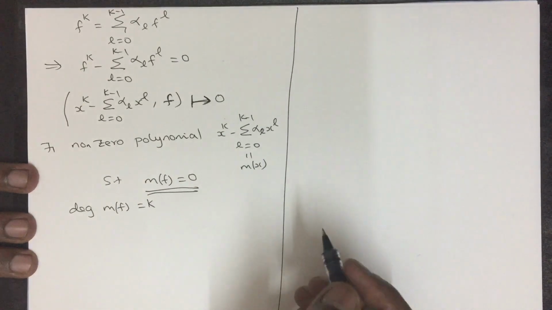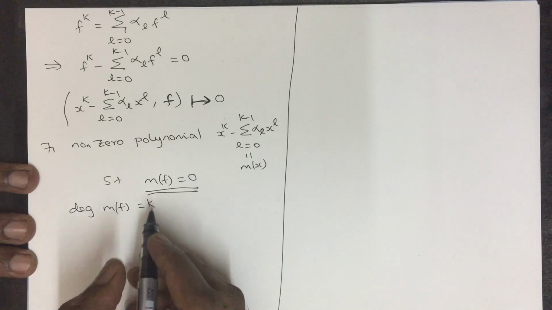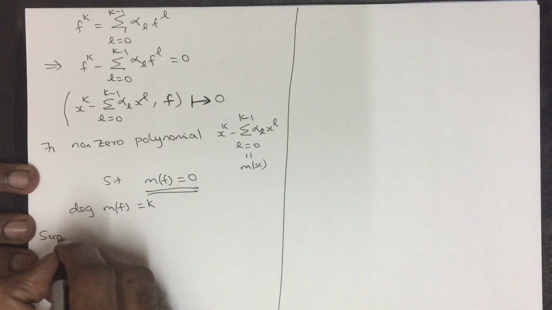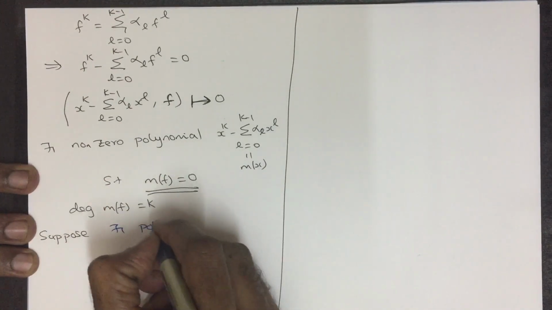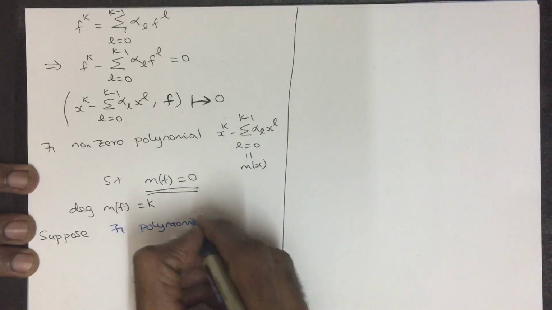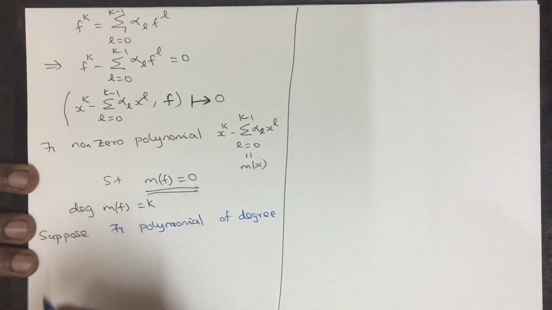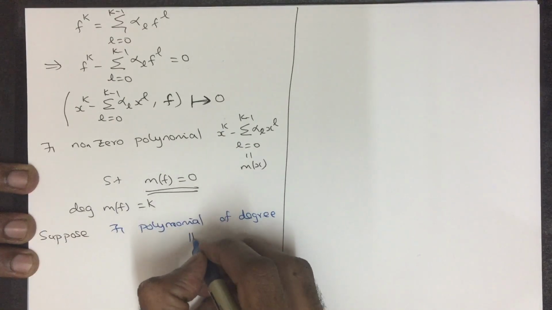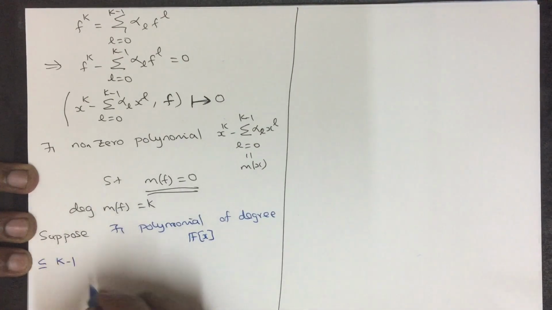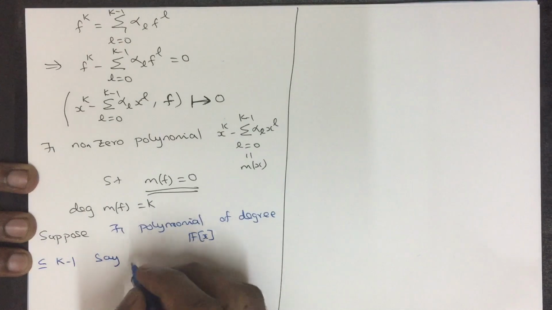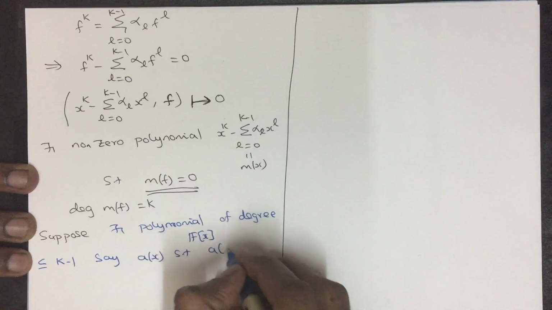We have to observe that, because suppose there exists a polynomial, coming from F of x, of degree less than or equal to k minus 1, say a of x, such that a of f is 0.